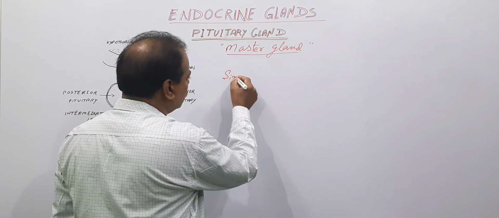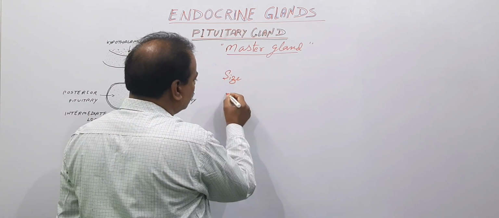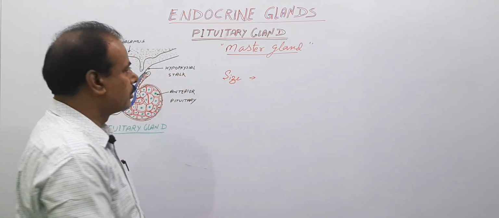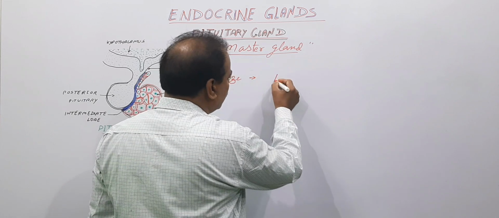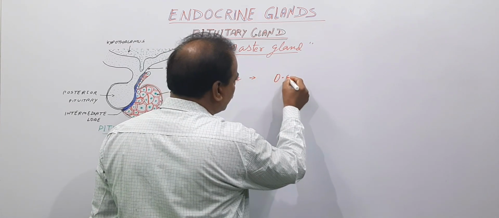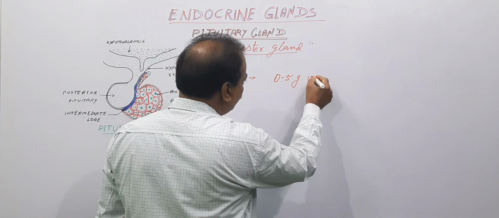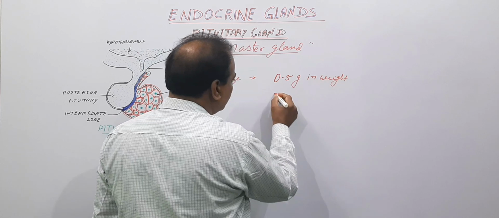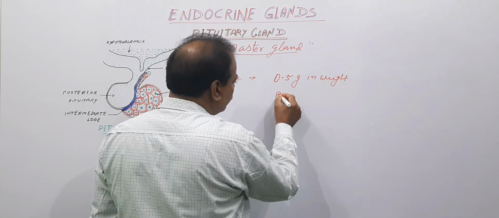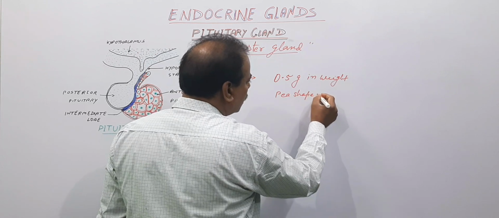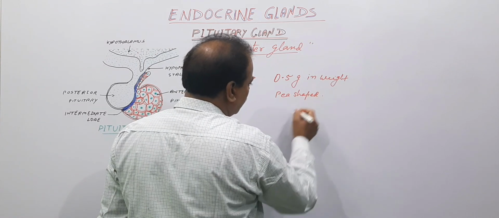Size of the master gland or pituitary gland: it is about 0.5 gram in weight, and it is a P-shaped structure, and its size is also just like a small pea.